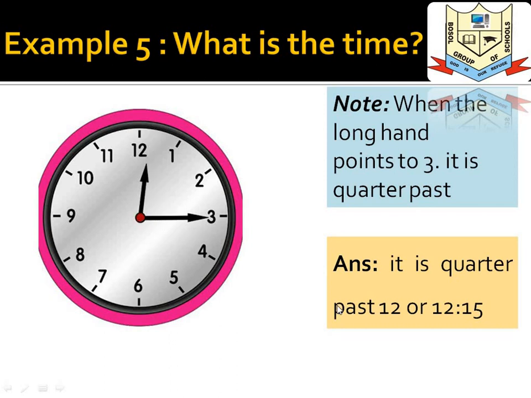We say 12:15 in the sense of counting the minutes in between 12 and 1, which is 5 minutes, and the minutes in between 1 and 2, which is another 5 minutes, making 10 minutes. Included in 5 minutes in between 2 and 3, which gives us 15. So that is why we arrive by saying the time is 12:15.